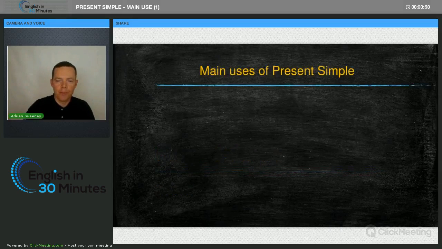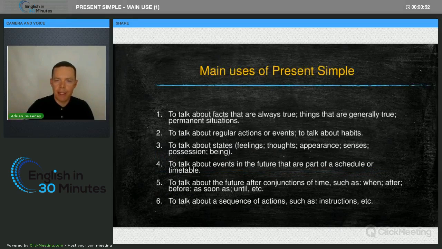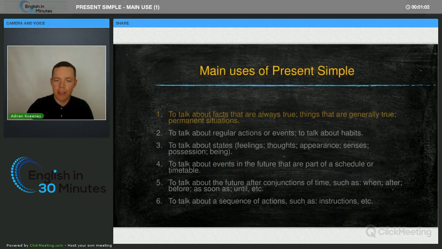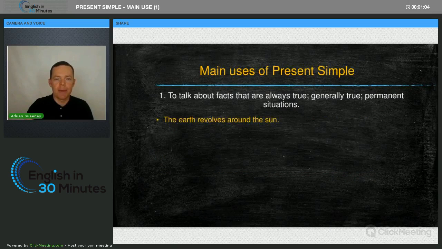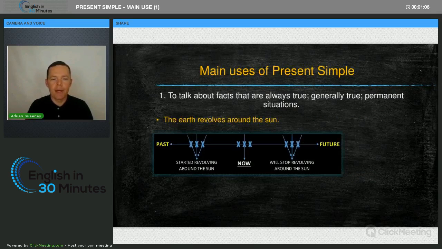So, present simple. As I mentioned earlier, this use is to talk about facts that are always true, things that are generally true, and also permanent situations. Let me show you what I mean. So the Earth revolves around the sun.